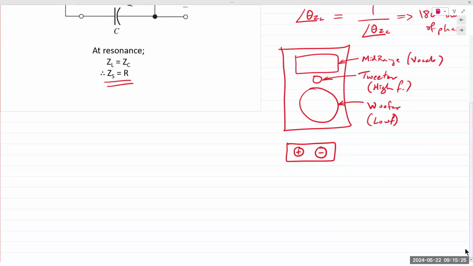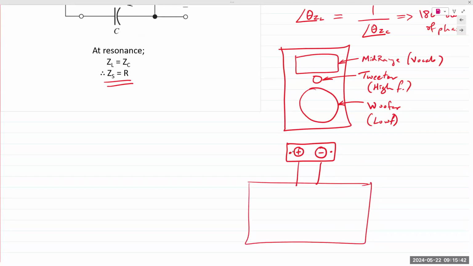Inside the speaker box, if you open up the back panel, which is basically just two screws on either side, you will see that the wires inside the box actually go to a circuit.